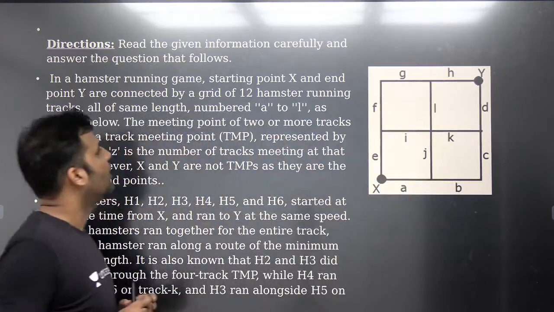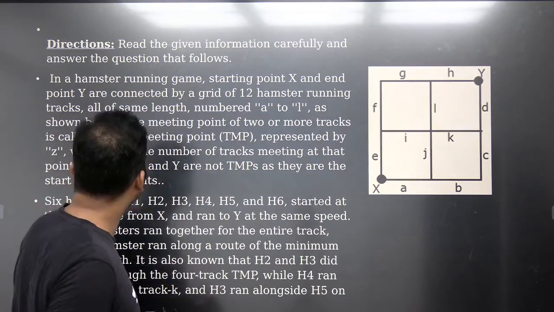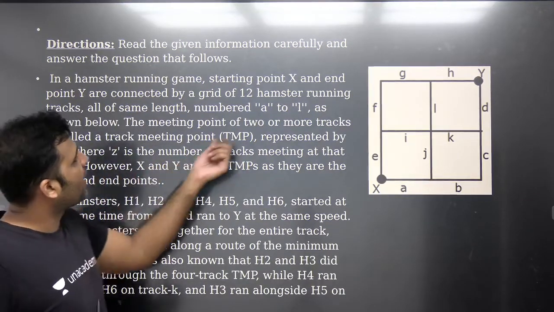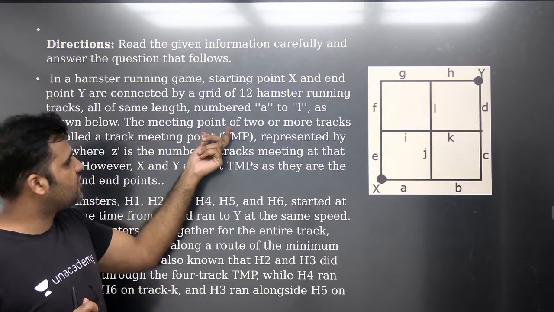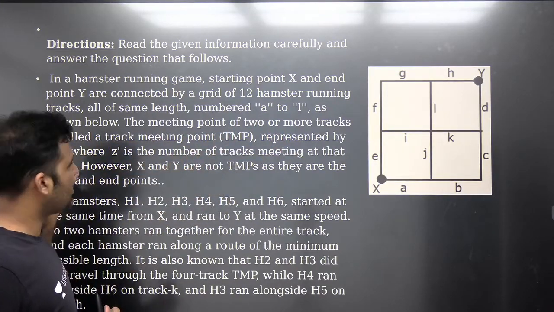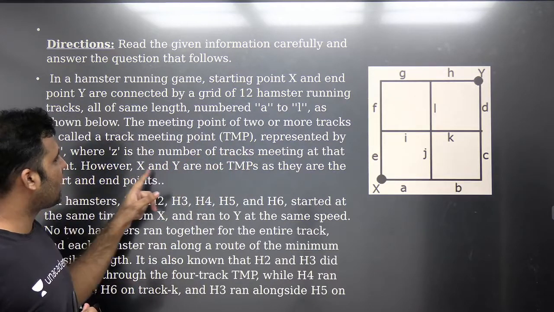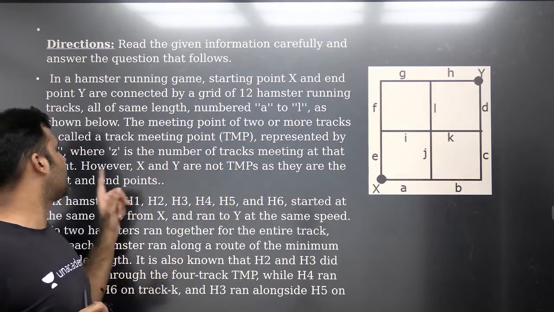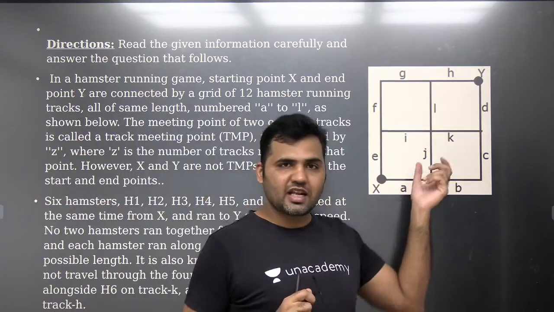Okay. Let's now see what are the set of rules that we are supposed to follow to answer the question. The meeting point of two or more tracks is called a track meeting point, that is TMP, represented by Z, where Z is the number of tracks meeting at that point. However, X and Y are not TMPs as they are the start and end points. So track meeting point means the number of tracks which are meeting at a point.